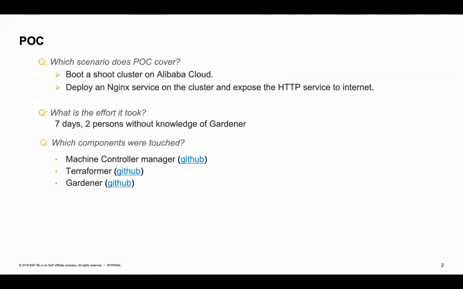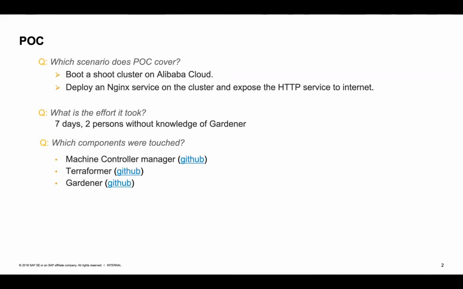Regarding the effort of the POC, it took only 7 days for 2 colleagues, me and Erica, to finish this POC. As we know, the community Gardener project has several components. To accomplish this POC, we only modified 3 components.